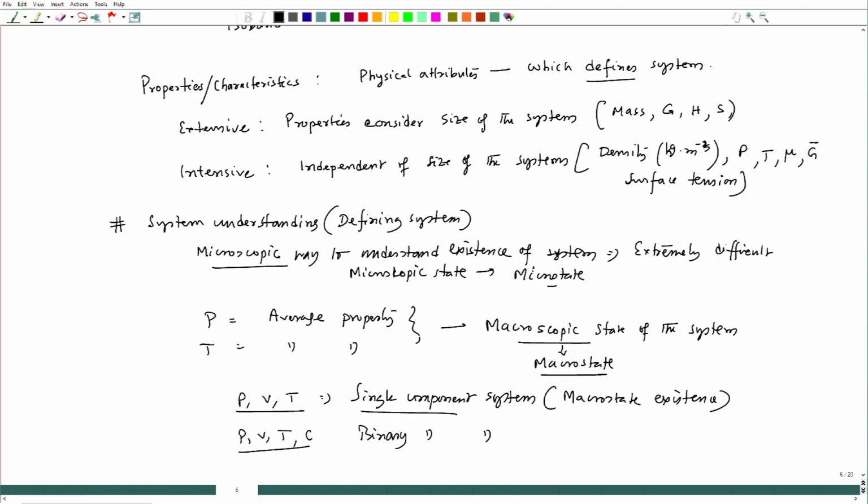Okay. So, our entire phase diagram concept will mostly be talking about macroscopic parameters and the influence of those macroscopic parameters on the system to understand the phase evolution. Okay. Let me stop here. We will continue our discussion on the definition of different terms.